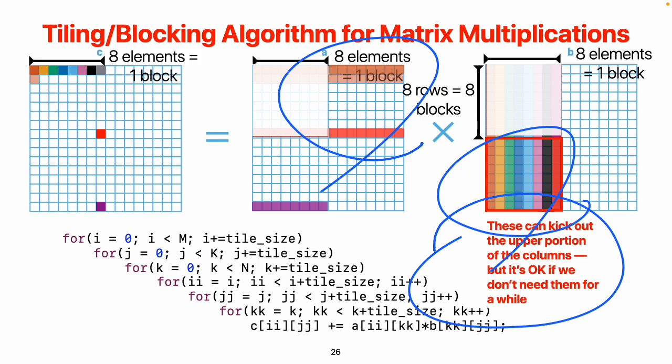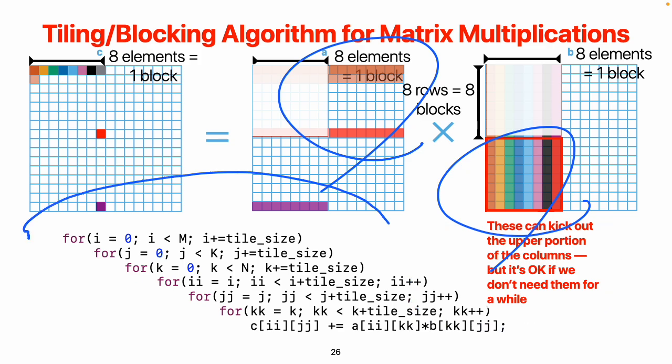So it turns out this is the resulting algorithm we have. This is the original triple nested loop, the 3-level nested loop. Since we want to compute tile by tile, we need to iterate by the dimension divided by tile size for each level.